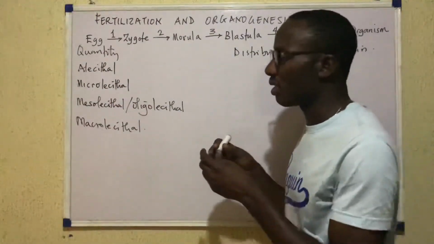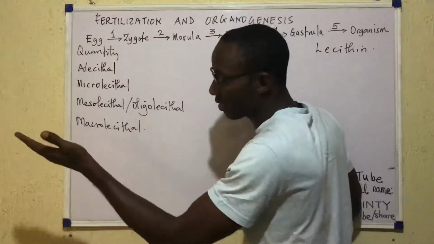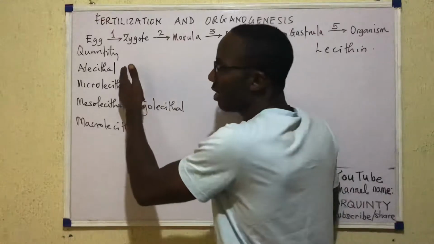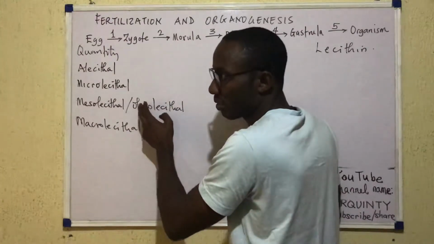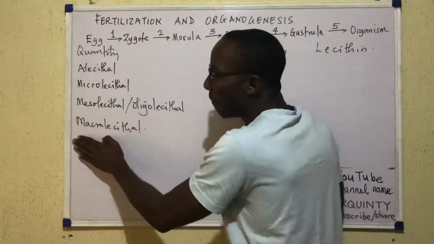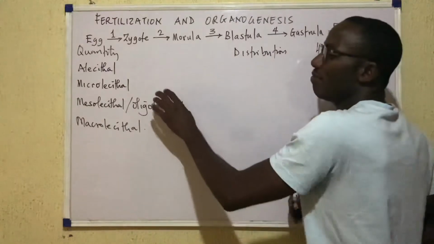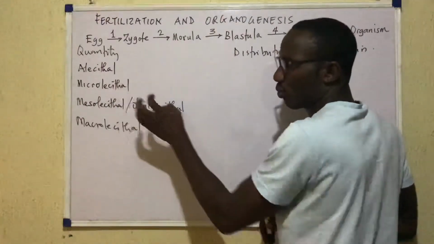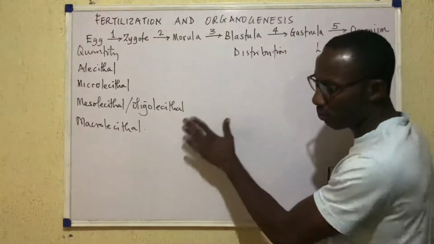So I'm trying to say now that based on the quantity of yolk, an egg cell may be described as being alecital, no yolk, microlecital, mesolecital, some quantity of yolk, macrolecital, plenty yolk.